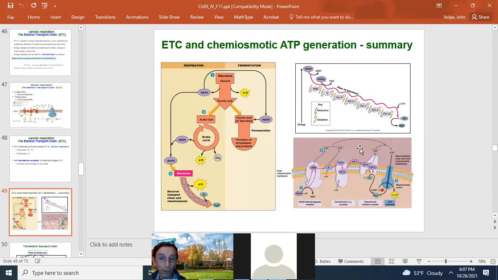This shows you what I was talking about previously. The electron transport chain, where NADH brings the electrons to one molecule. You don't need to know these molecules, but you do need to know that NADH and FADH2 bring the electrons to the electron transport chain, and then the electrons flow to oxygen.